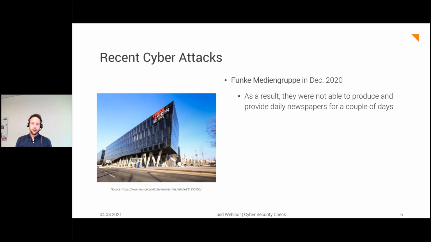So they had some kind of emergency newspaper, which did not cover all the usual sections because basically they almost did it by hand, as far as I can tell, and they weren't able to go back to a normal working mode for a couple of days. So their newspaper was not published as expected. This was very recent. This was in December. Yeah, and this was quite a big cyber attack in Germany in the recent months.